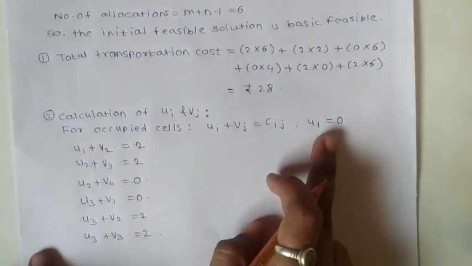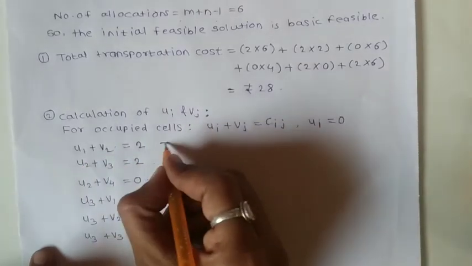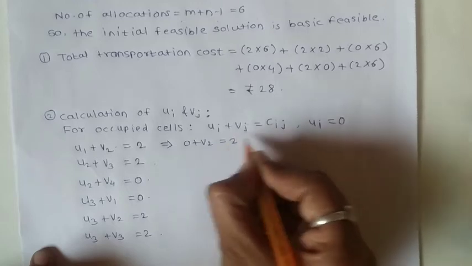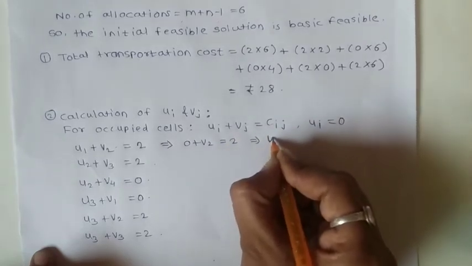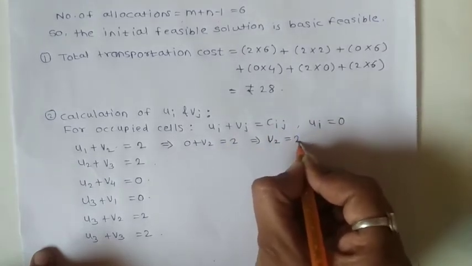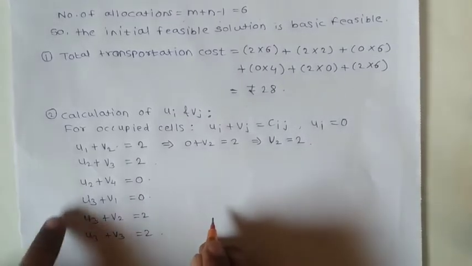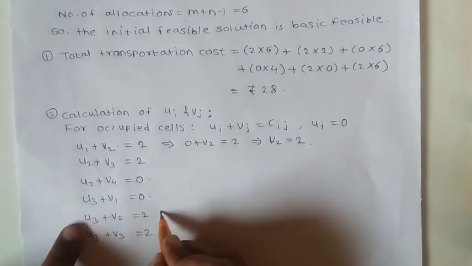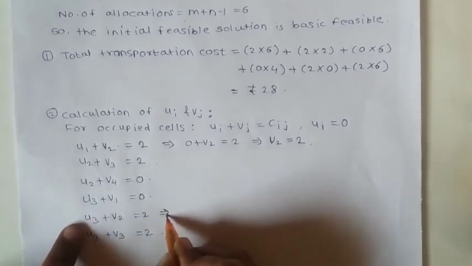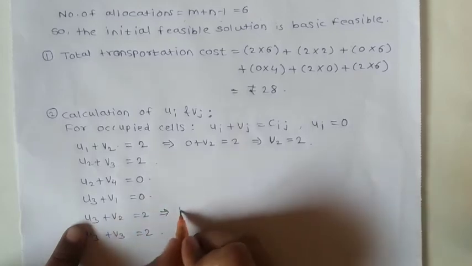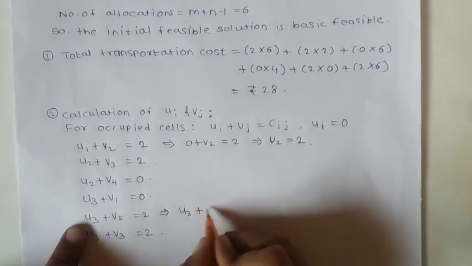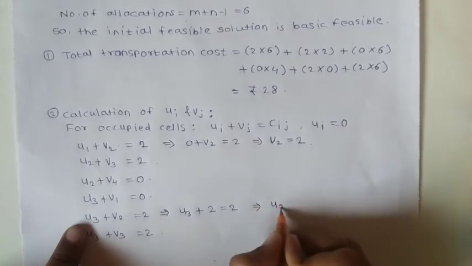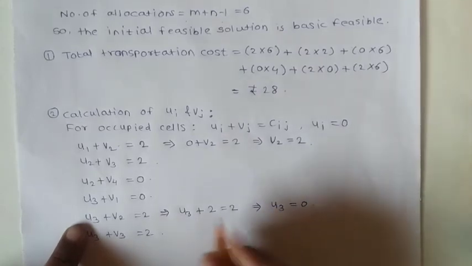Here U1 equals 0, which implies 0 plus V2 equals 2, implies V2 equals 2. Now substitute the value of V2. So U3 plus V2 equals 2, which implies U3 equals 0.